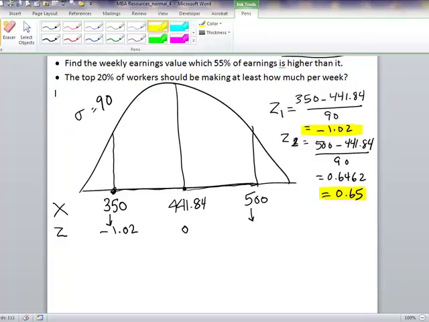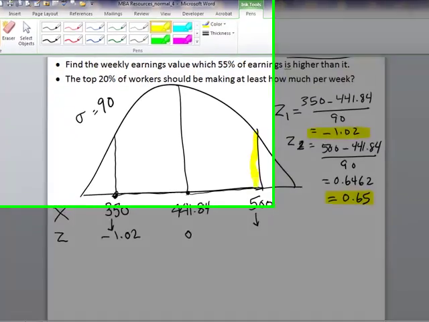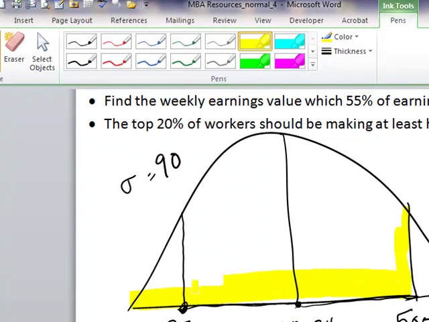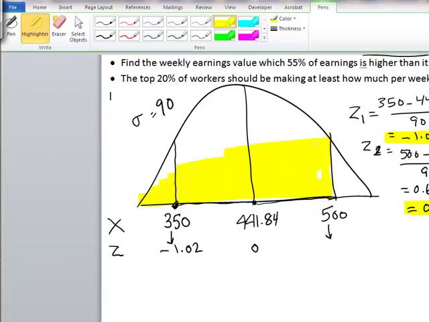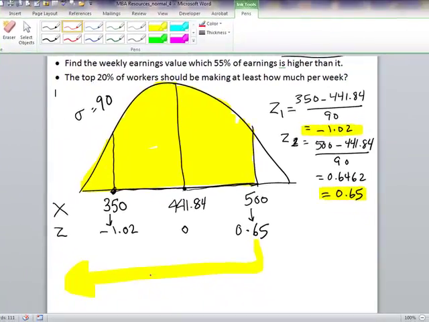From the table, we know that the area all the way to the left of 500, or the area to the left of the 0.65 z-value, is 0.7422.